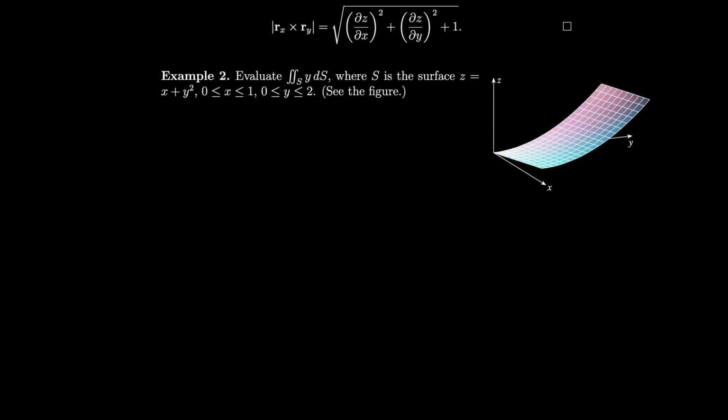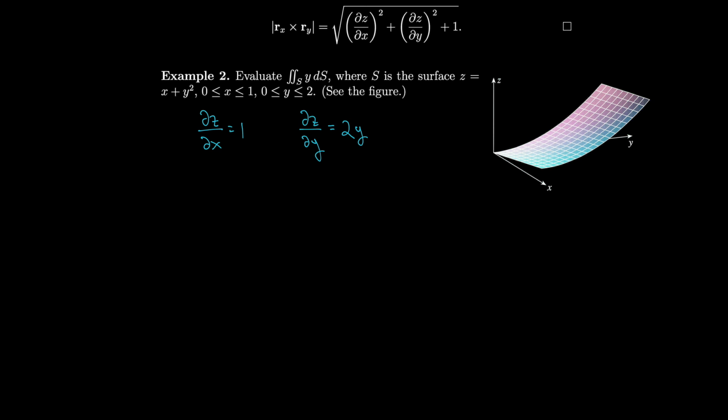So we have partial of z with respect to x, that'll be 1, and we'll have partial of z with respect to y equal to 2y. Be careful, my partials look a little bit like my 2s.